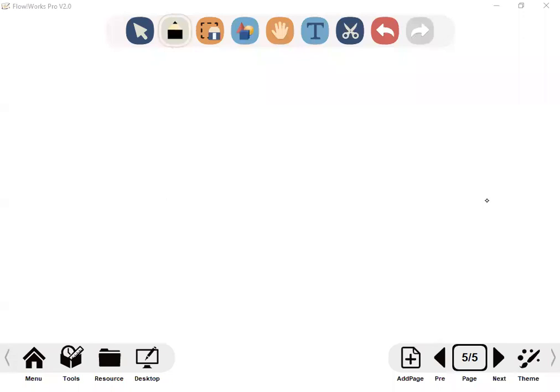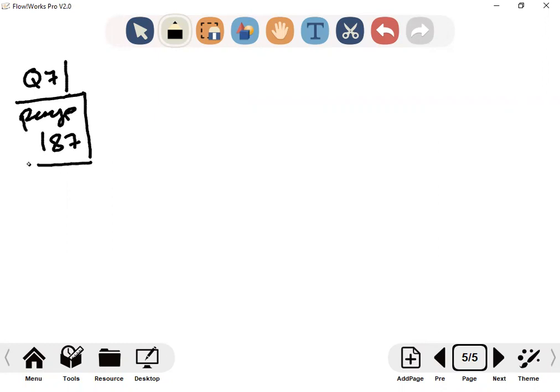So we are in question 7, page 187. It's kind of problem solving. Let's read it together. A quarterback throws the football to a receiver, okay?